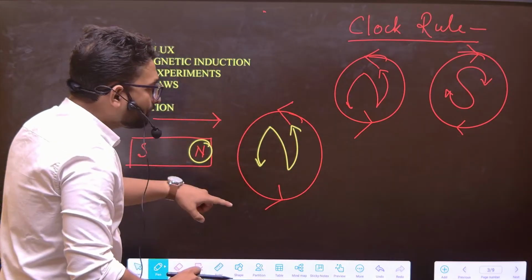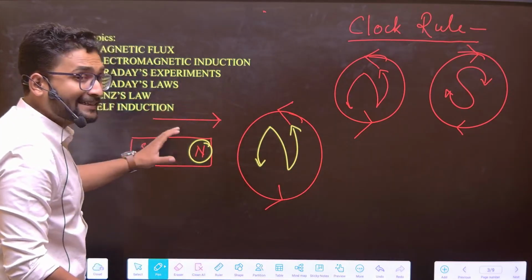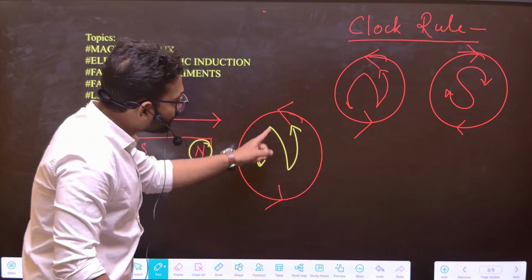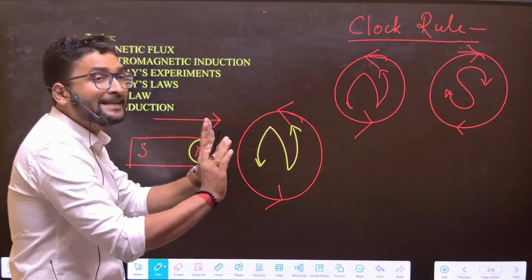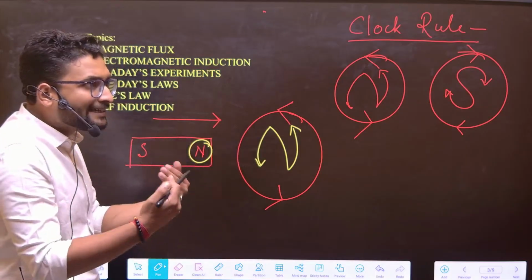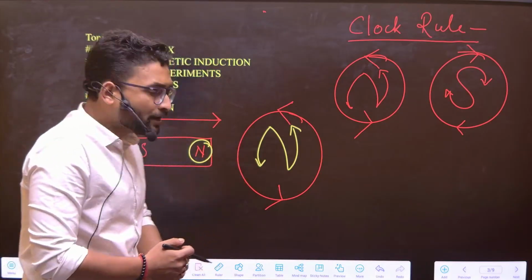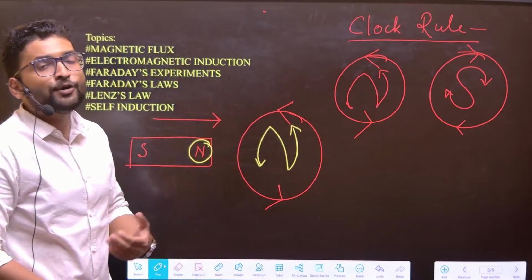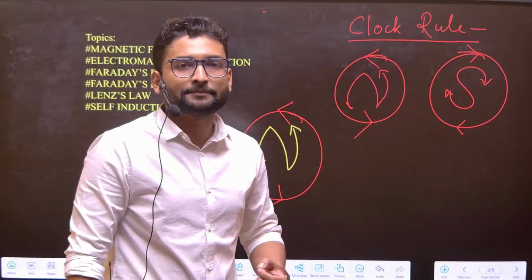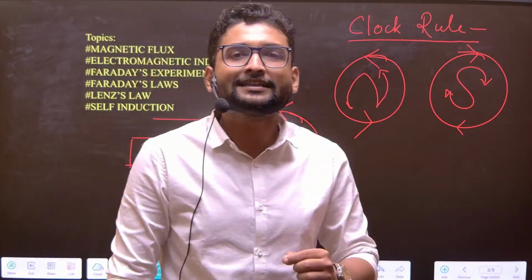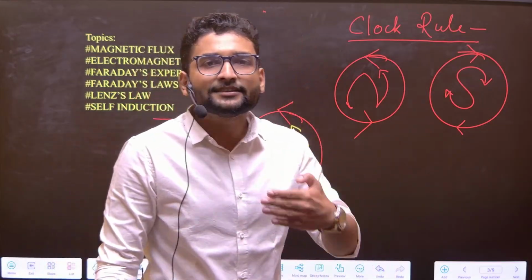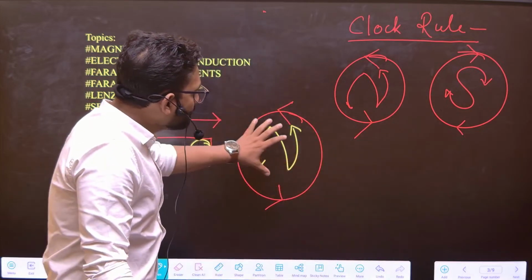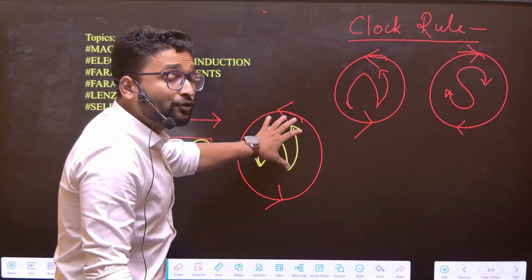The direction of the current is such that it is repelling the magnet, not letting it come towards the coil. But still, if you want to move this magnet towards the coil, you have to do work, and that work done is transformed into electrical energy. As a result, you get electric current in this coil.